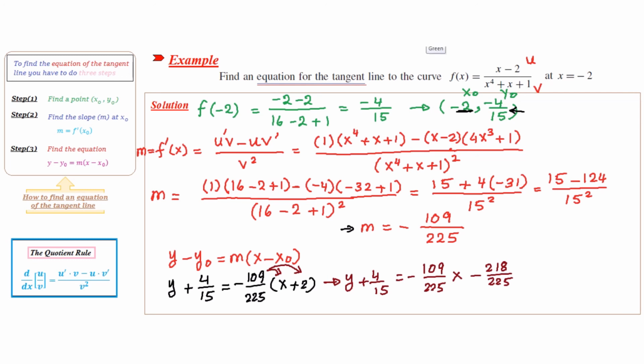After that you have to add negative 4 over 15 to both sides, and you will get y equals negative 109 over 225 x minus 278 divided by 225. I know we have complicated calculations, but this is the idea, and this is the equation of the tangent line. And that's it. Thank you.